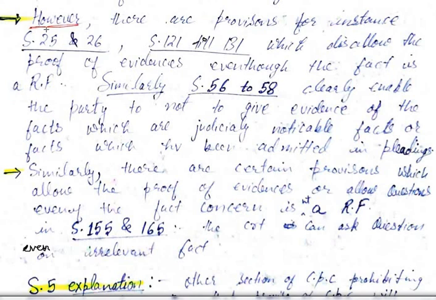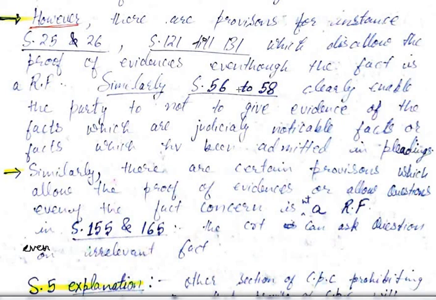Next paragraph. However, there are provisions, for instance, section 25 and 26, section 121 till 131, privileged communication, which disallow the proof of evidences, even though the fact is a relevant fact. Similarly, section 56 till 58, याद करो 56 till 58, judicially admitted fact or judicially noticeable fact.